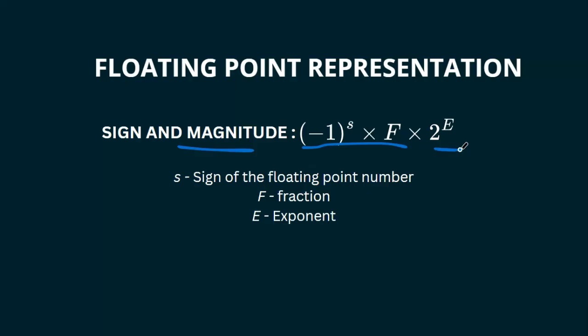The numeral 2 here represents the base of the binary number. This particular representation takes the sign and magnitude of the floating point number into account and hence the name sign and magnitude.